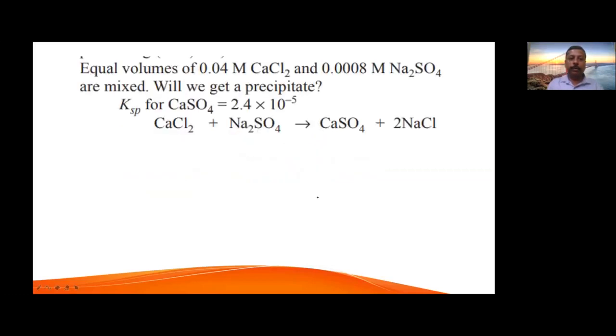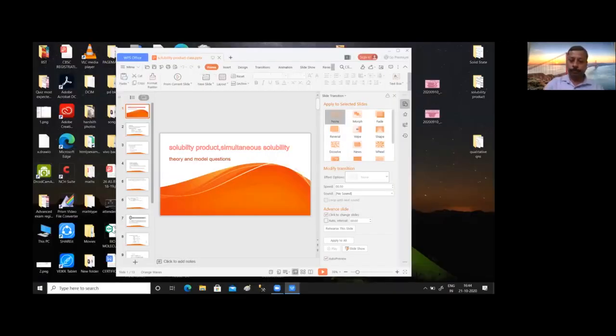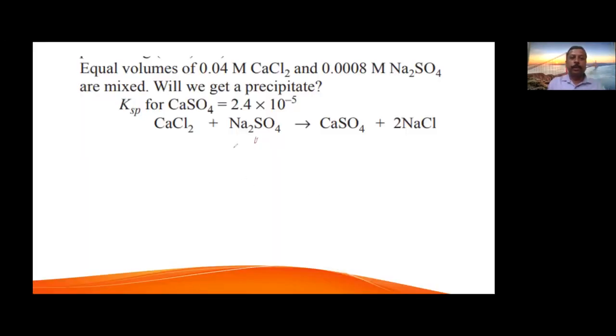Okay, this is the question. Equal volumes of 0.04 molarity CaCl2 and 0.0008 molarity Na2SO4 are mixed together.